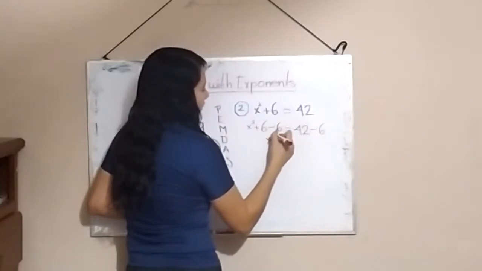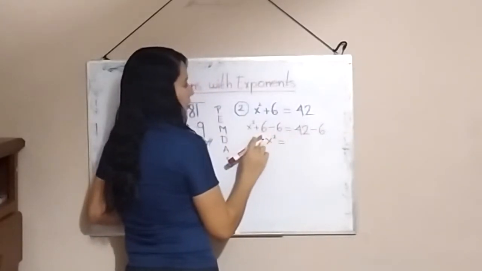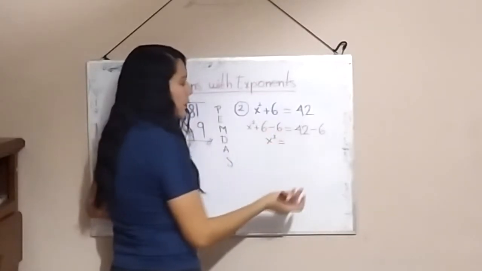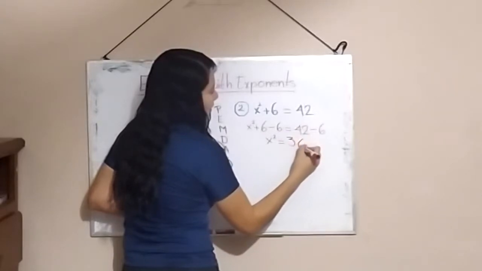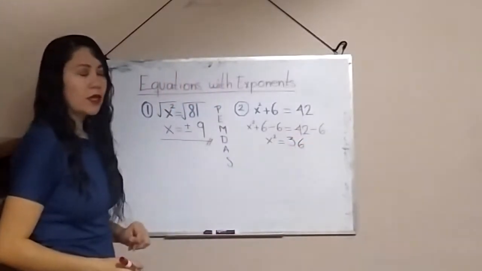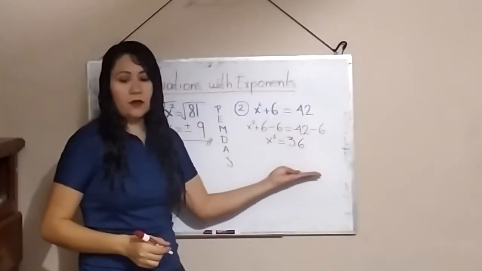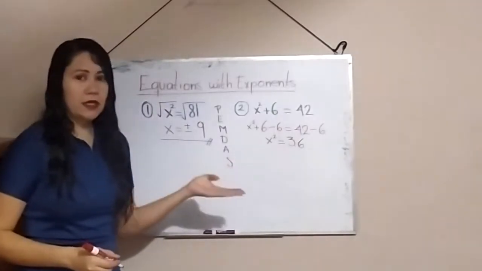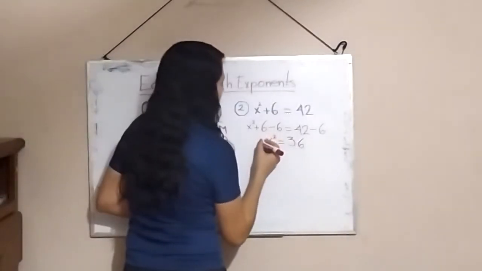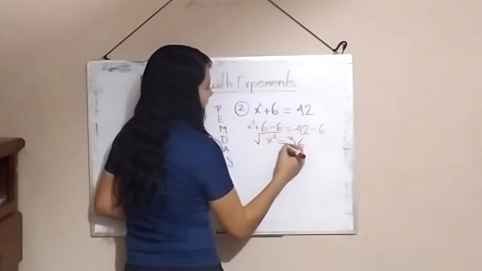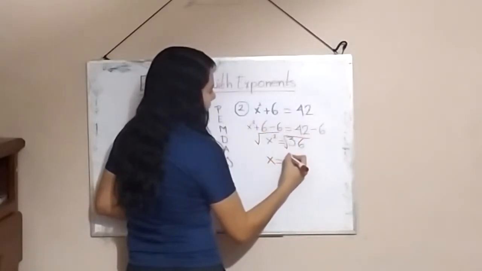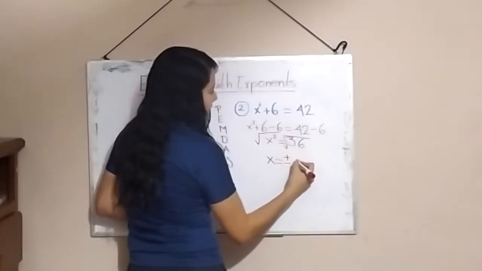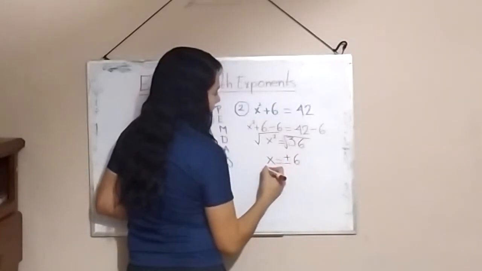We are going to have x squared, 6 minus 6 equals 0, and 42 minus 6 is 36. Now that we have the equation of the form x squared equals a, we are going to square root it. We get x equals plus minus 6.